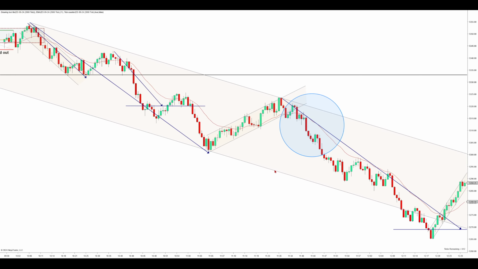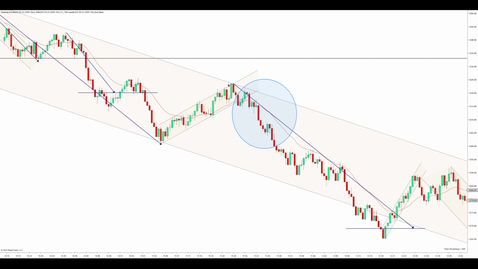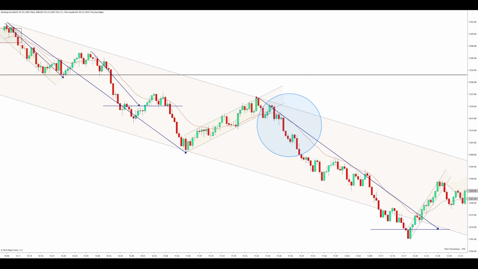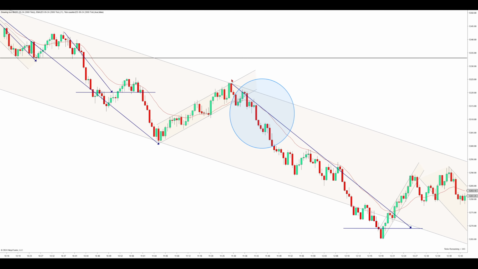And I want to address this because I know someone might ask about it. If you count to the tick, you have right here, first entry long, second entry long, failure. Now, I see that to the tick, you have a failed second entry, but that is just too small picture for the way that I trade.